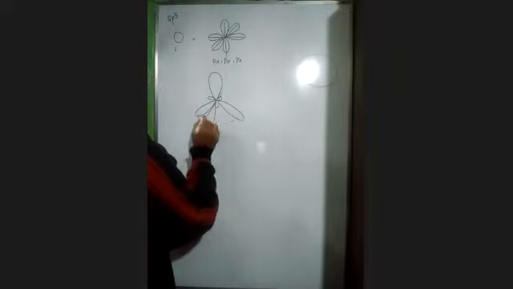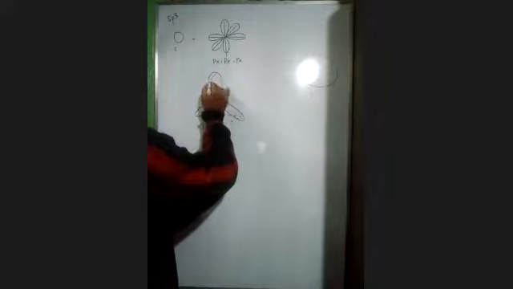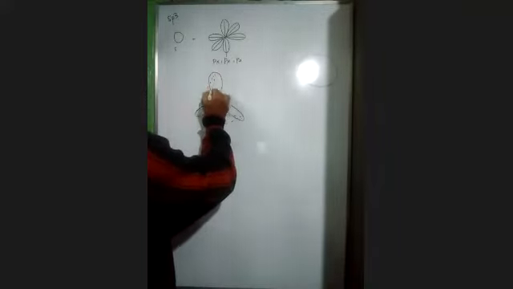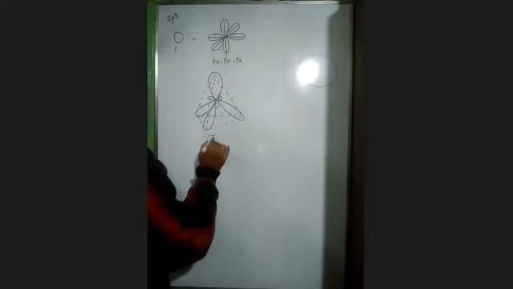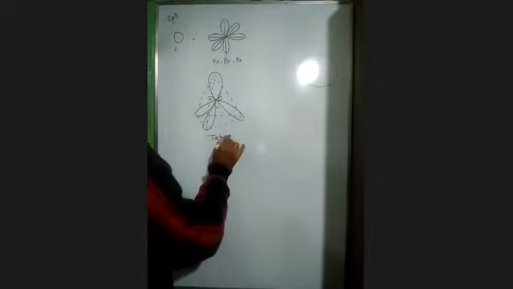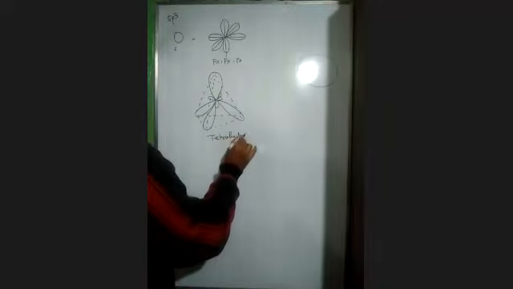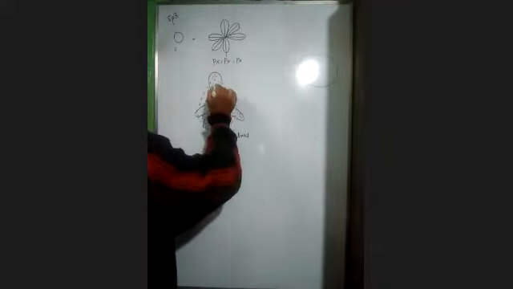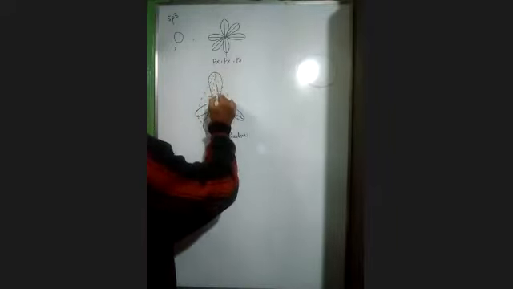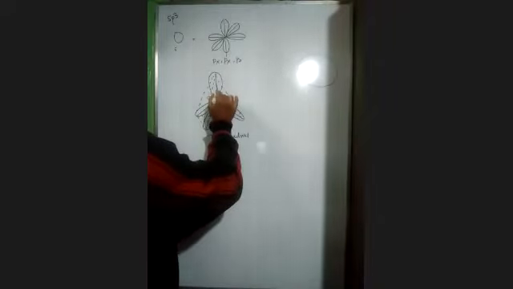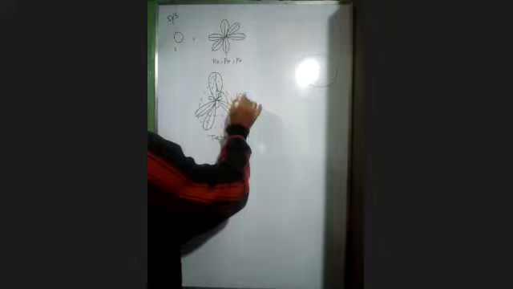So it is, see here. This is tetrahedral. Okay, and if this is the axis, these are the axes. Bond angle is 109.5.